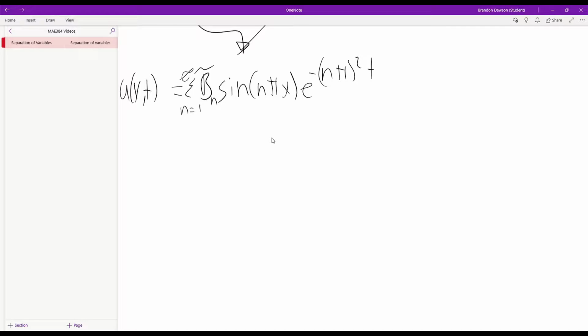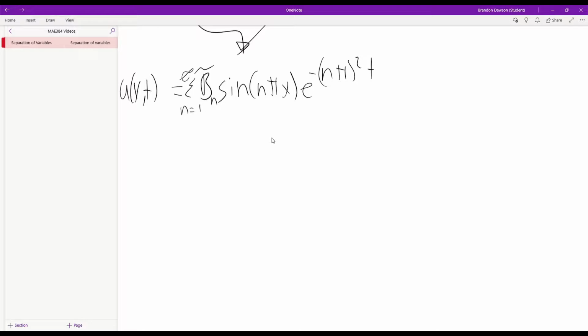And then the other unknown we don't know currently is the coefficient. In order to solve for this coefficient, we need to use something called the Fourier coefficient, also known as the orthogonality condition.